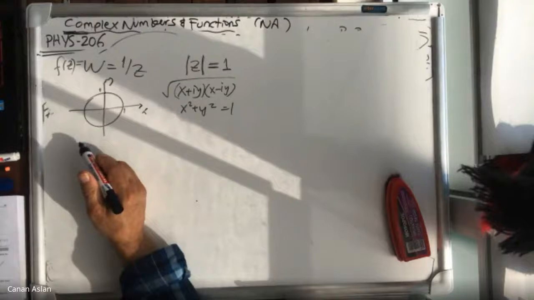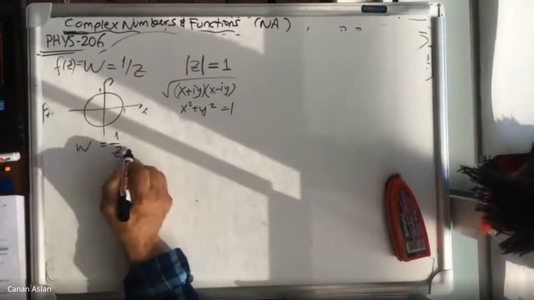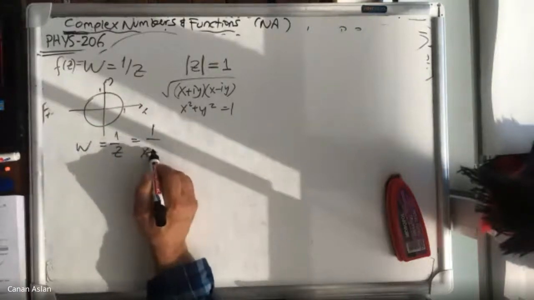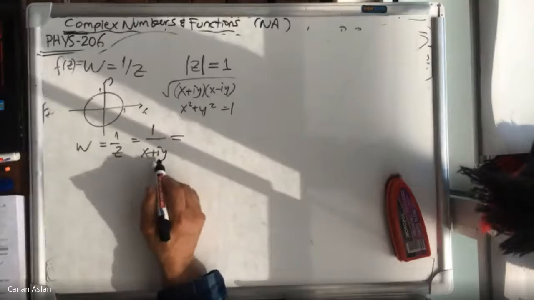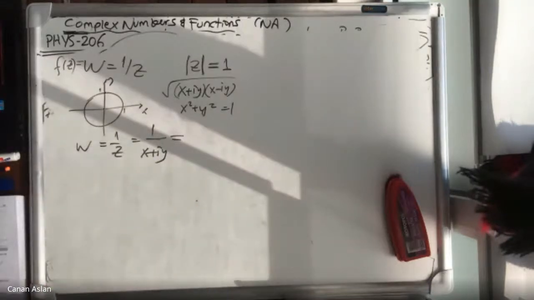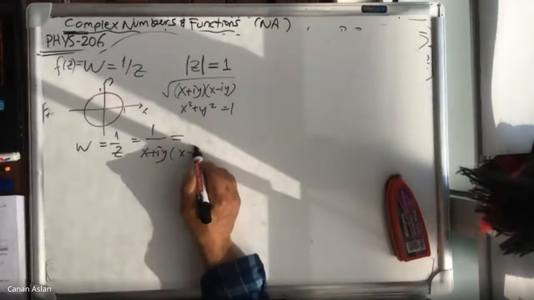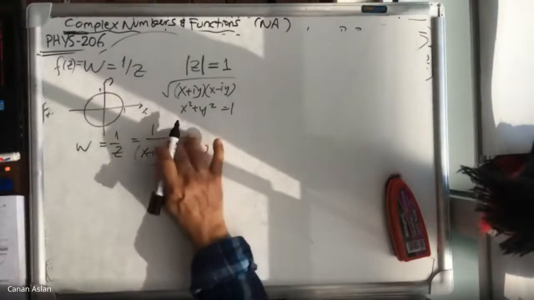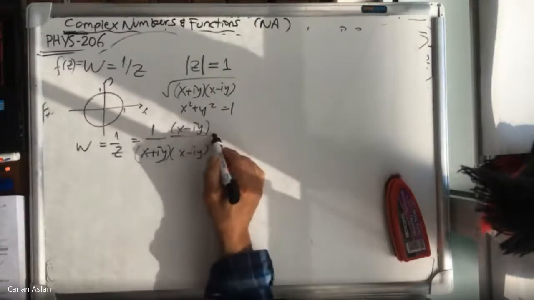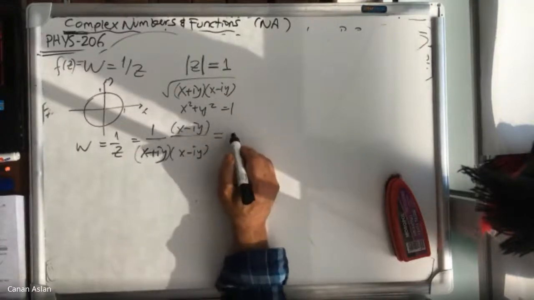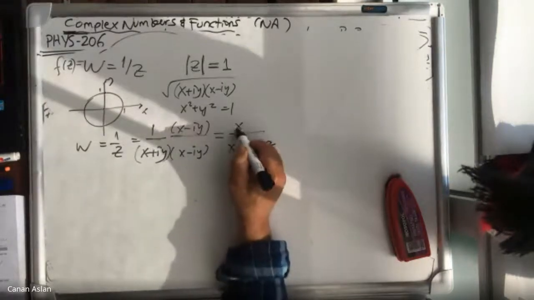If W is equal to 1 over Z, it's 1 over x plus iy. But we don't like to have a complex number in the denominator, so we multiply the top and the bottom by x minus iy. Nothing changes, but the denominator gives you x squared plus y squared, and the top gives you x minus iy.